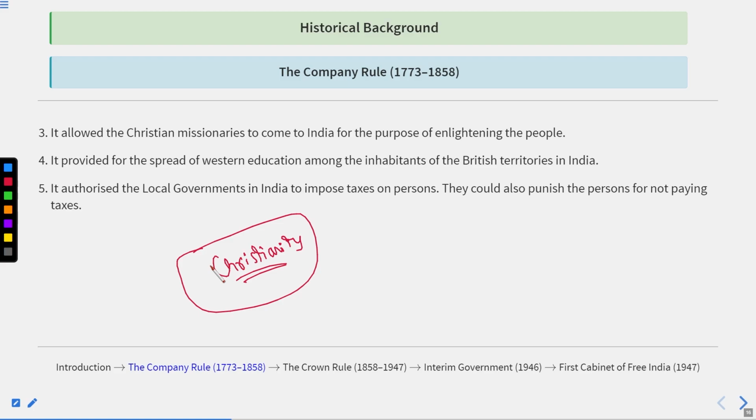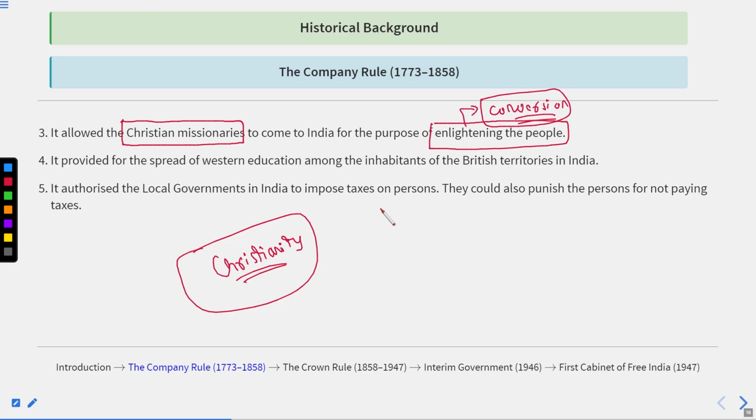So when they had established their rule in India, by the Charter Act of 1830, Christian missionaries got the permission to come to India and enlighten the people. It means preaching and ensuring their conversion into Christianity. All right. So this permission was granted to them.